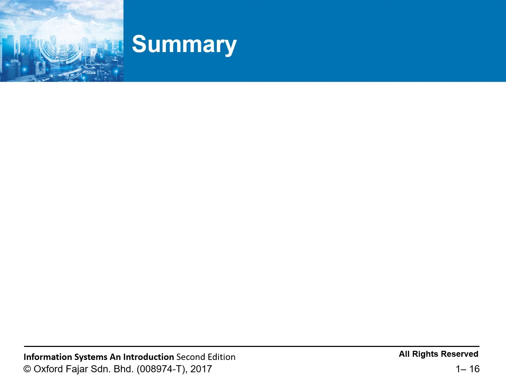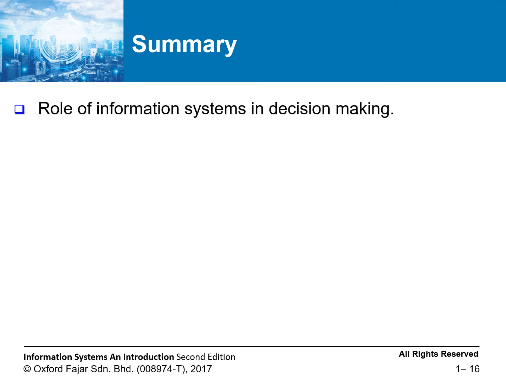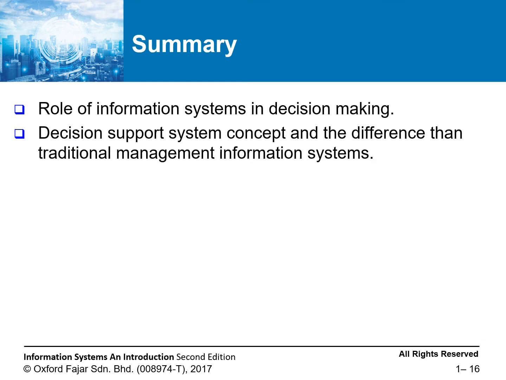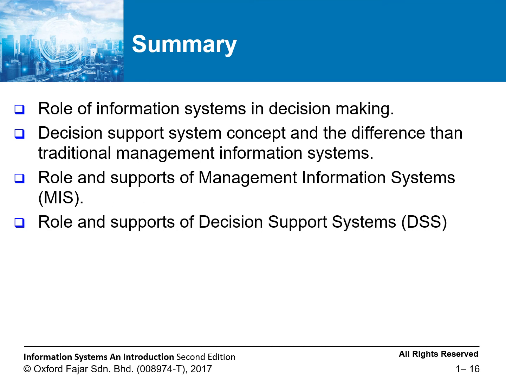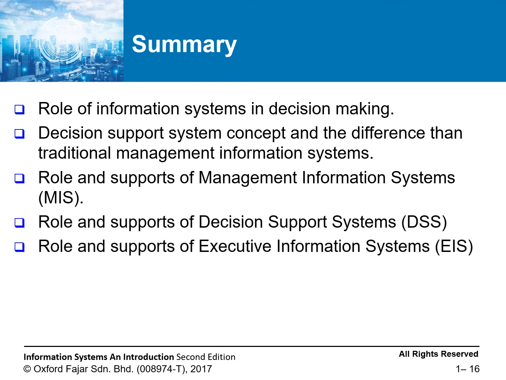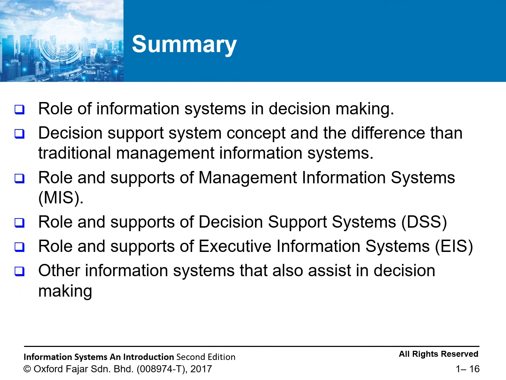So the summary for this chapter, we already know the role of information system in decision making, decision support system concept, and the difference from traditional management information system, role and support of management information system, role and support of decision support system, role and support of executive information system, and other information systems that also assist in decision making.